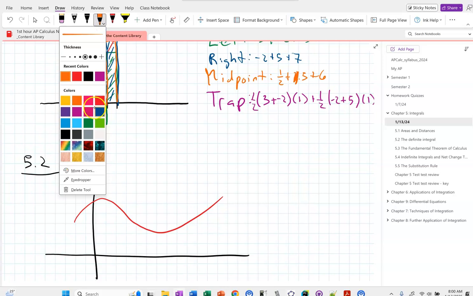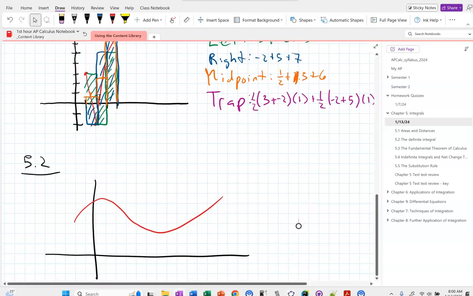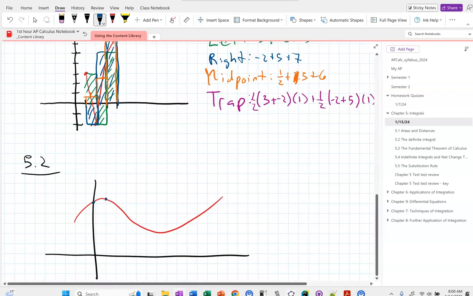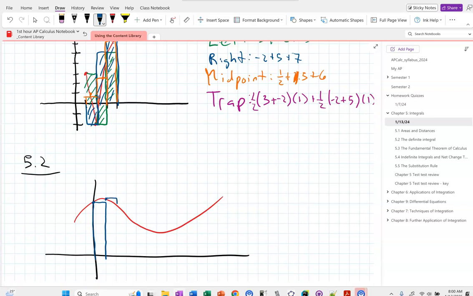Well, what we did in section 5.2 was we essentially did the exact same thing. We're going to build just a bunch of Riemann sums.